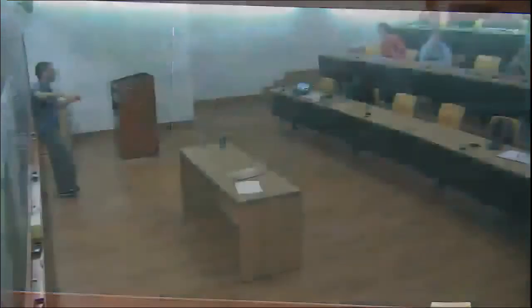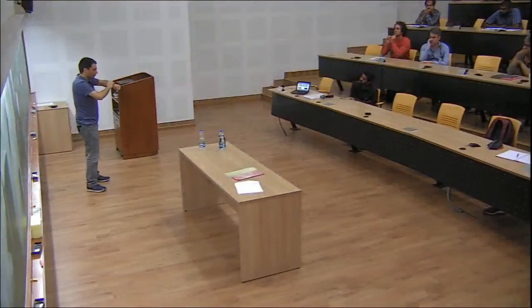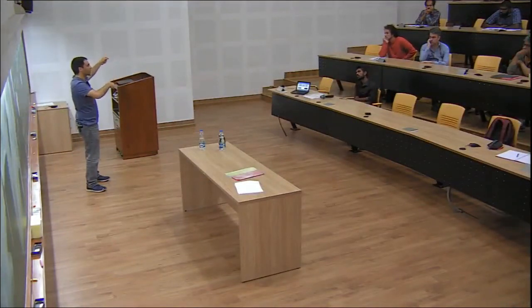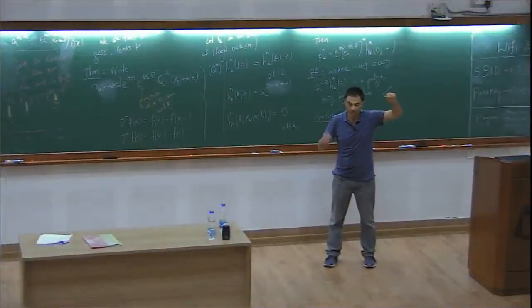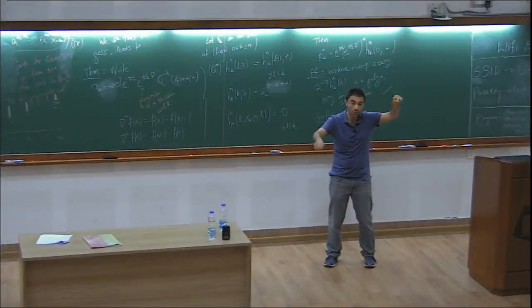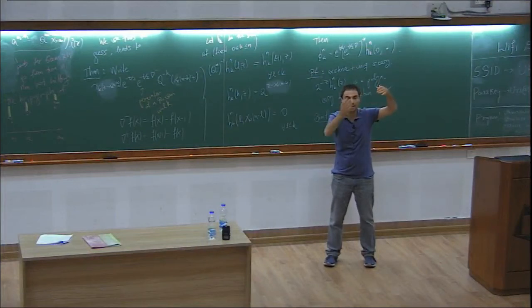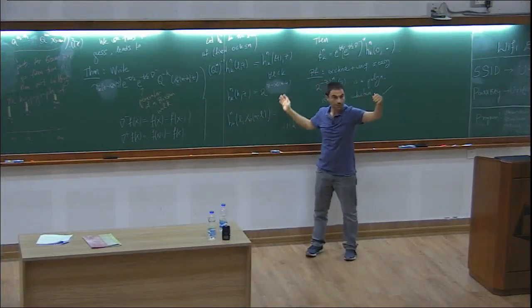But if you remember from a course on Markov chains, if you want to compute the distribution of the hitting time of a random walk, that's related to an equation of this form.